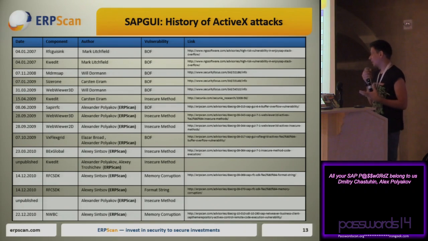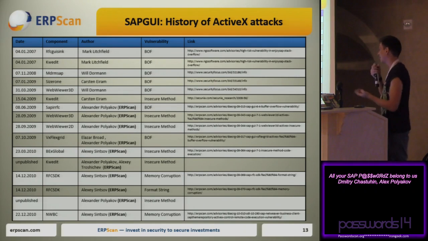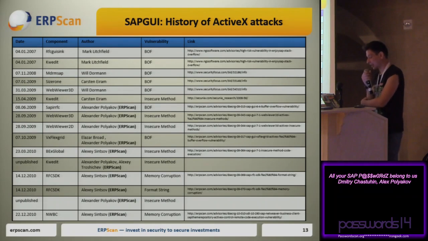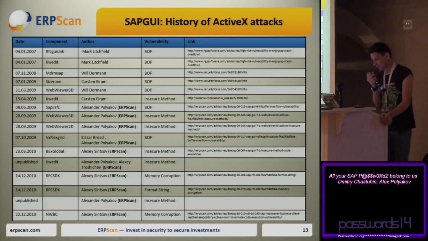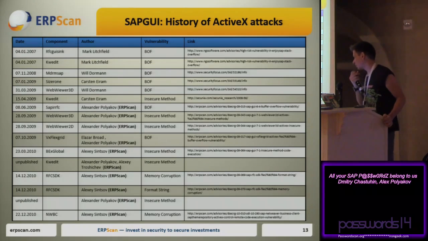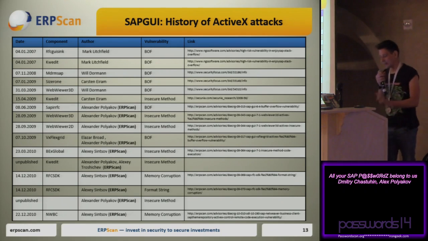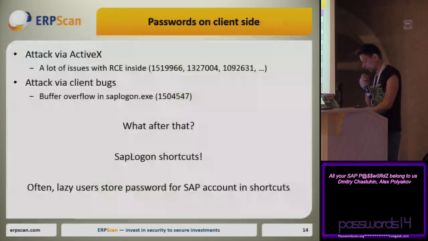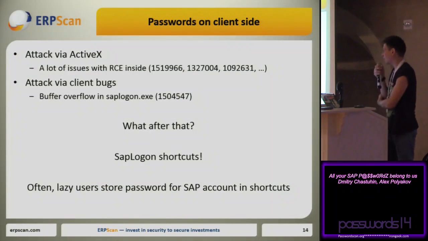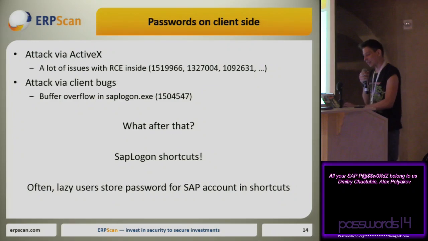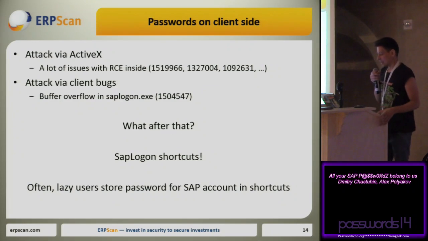That's why an attacker can use this ActiveX to attack the clients. We found a lot of different vulnerabilities in ActiveX which allow us to execute operating system commands on the client side or read any file from the client side. By the way, we also found different buffer overflow vulnerabilities. But what after that?